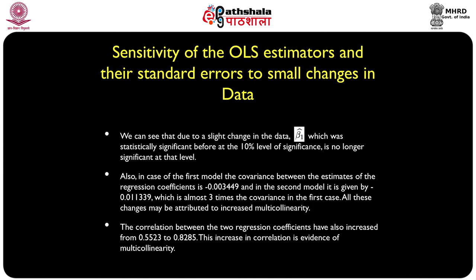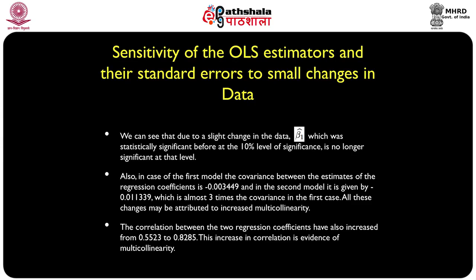We can see that due to a slight change in the data, beta 1 hat, which was statistically significant in the first dataset at the 10% level of significance, is no longer significant at that level. Also, in the first model, the covariance between the estimates of regression coefficients is negative 0.003449, and in the second model, it is negative 0.011339, which is almost 3 times the covariance in the first case.